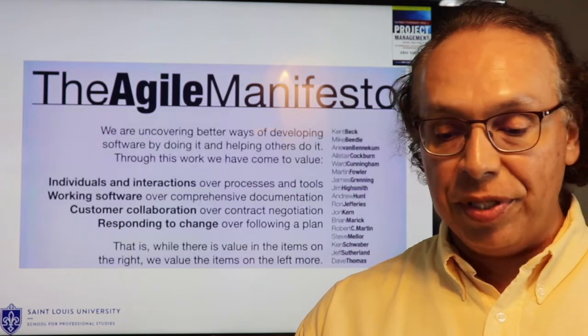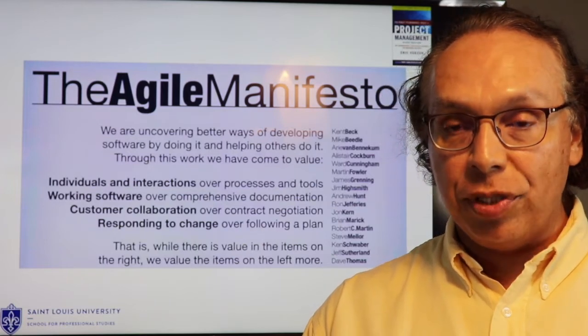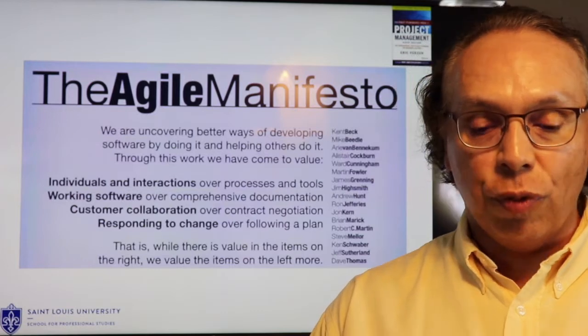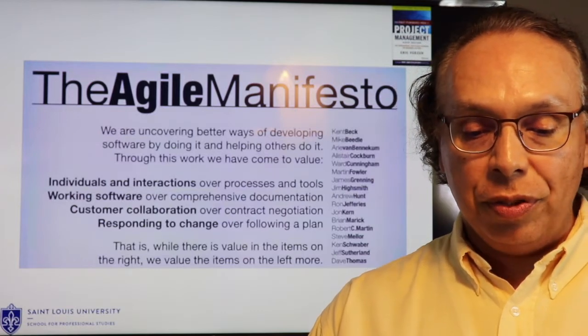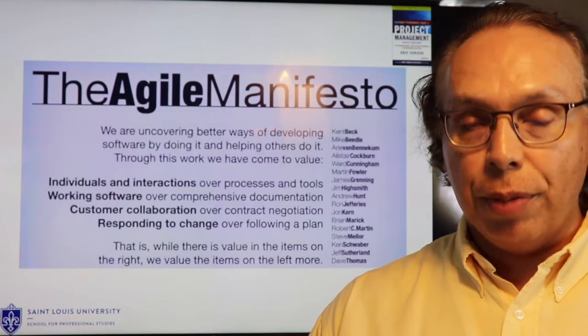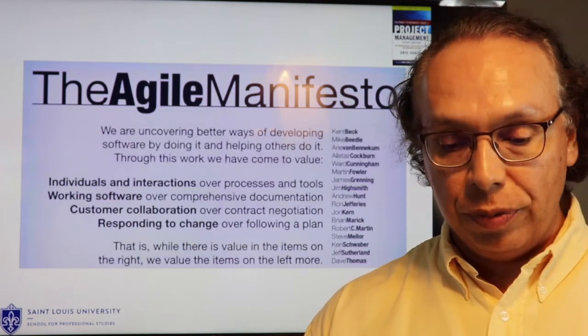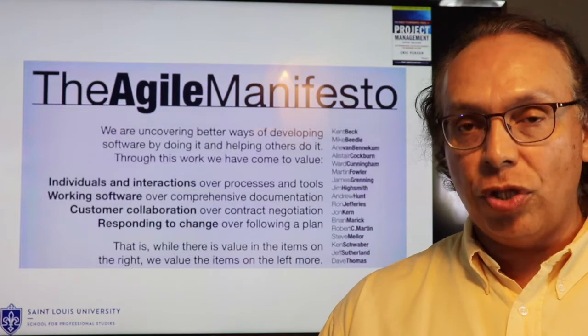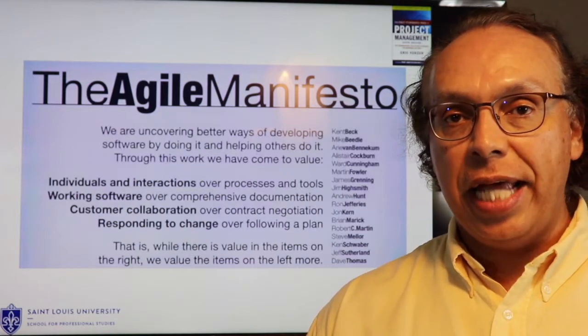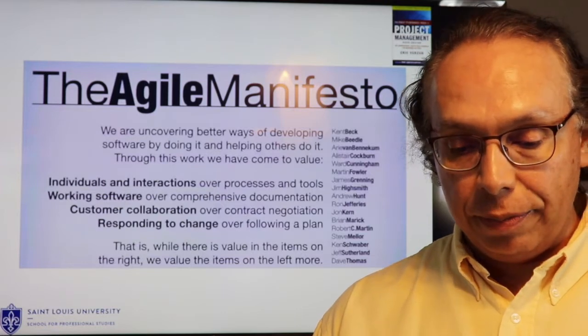That is, while there is value in the items on the right, we value the items on the left more. For instance, we value individuals and interactions more than the process and tools that they use. We value the working software or working product more than the documentation that the team will create.